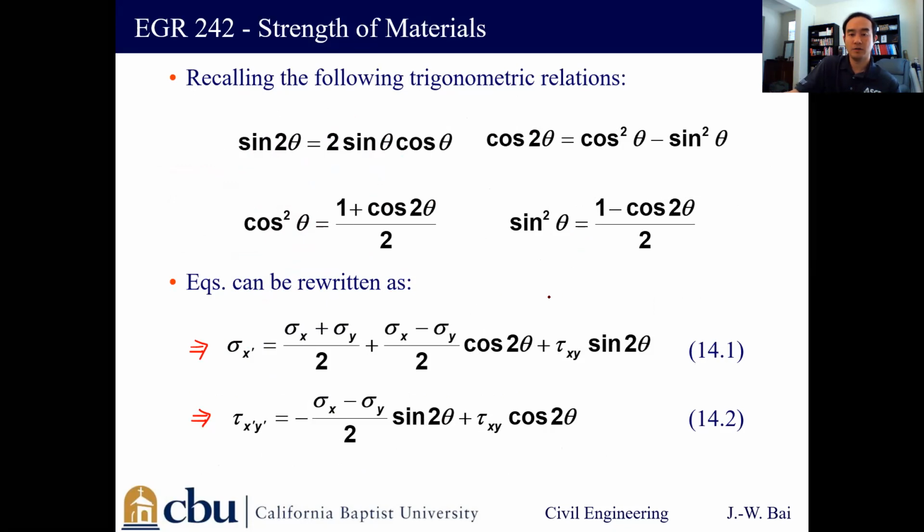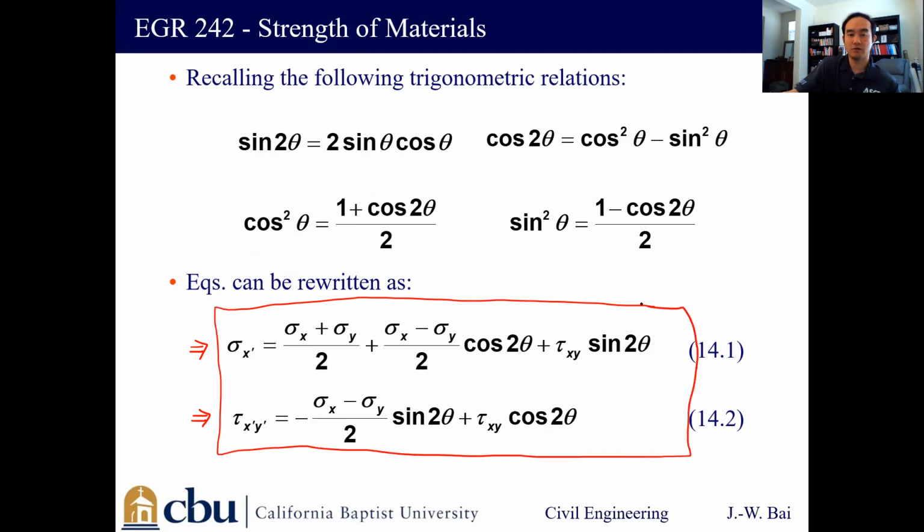These two equations are going to be used for the further calculations. So how can we use these equations to solve the example problem? By the way, these two equations are available in your textbook on page 625, equations 14-1 and 14-2. So let's solve the example problem.